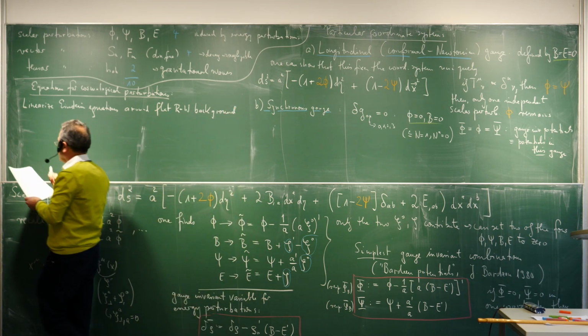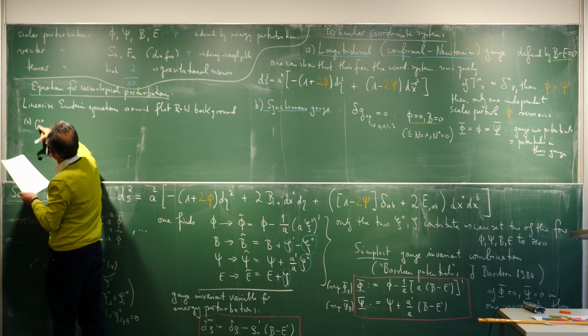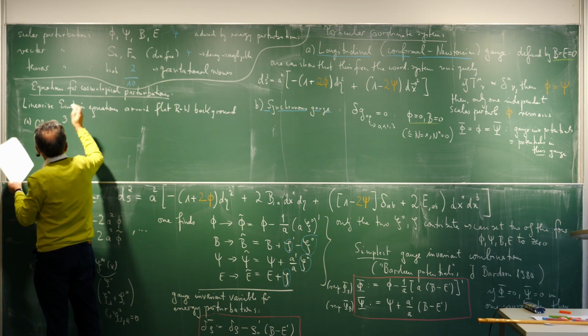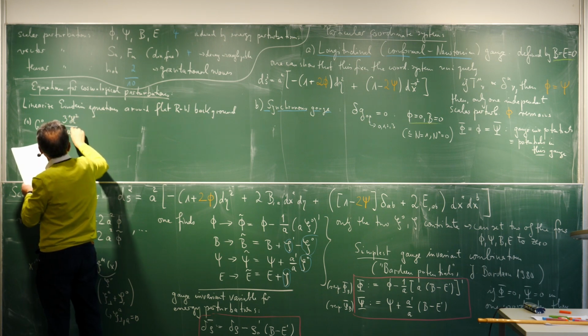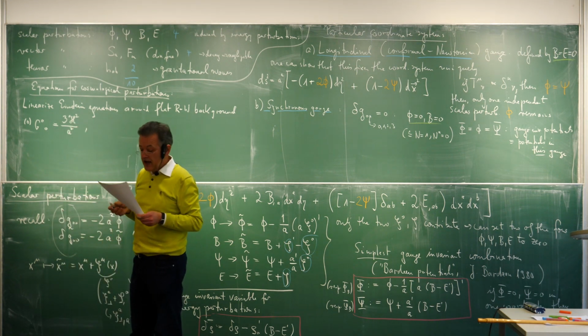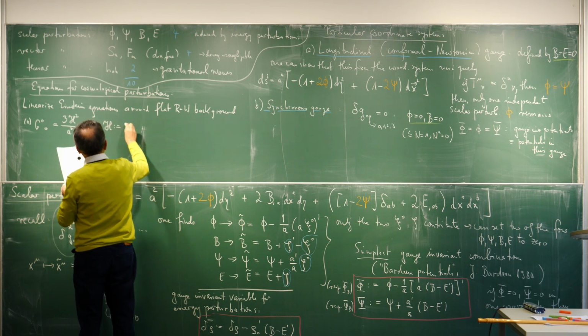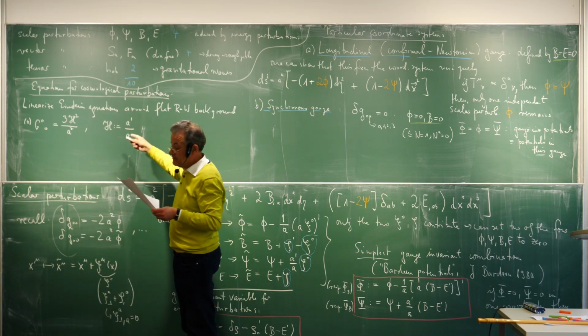For the background, I use here this symbol 0. The Einstein tensor in mixed notation, one upper and one lower index, and I refer there to the cosmology part of Relativity 2, can be written as this, where I have introduced this curly Hubble parameter. This curly Hubble parameter, which is dimensionless, is defined as a prime over a, the derivative with respect to conformal time.